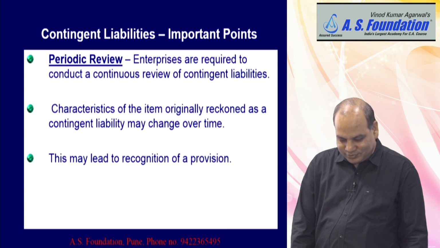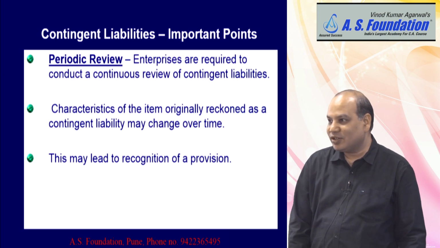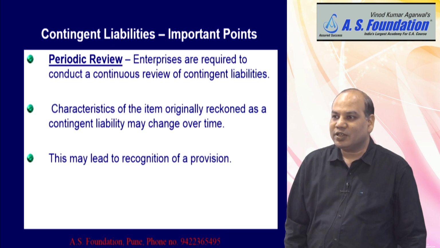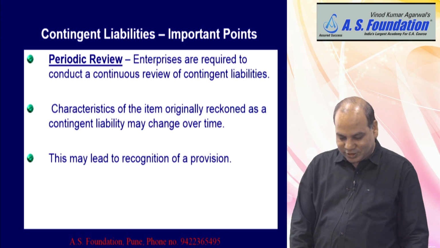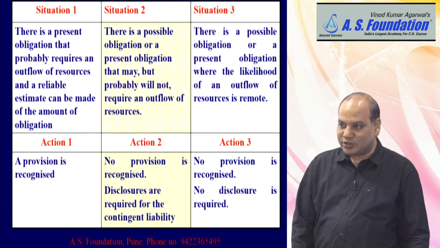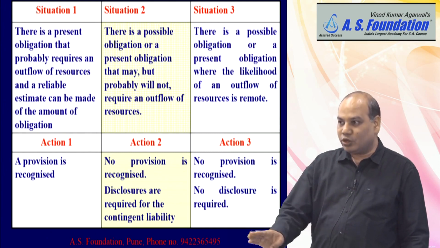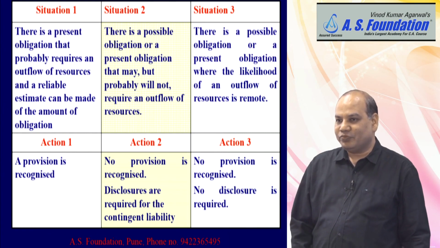So you are studying right now provisions, contingent liabilities and contingent asset. Provision part we have completed. Contingency part also we have completed. These are the three situations we have seen. If all four conditions are satisfied, provision.